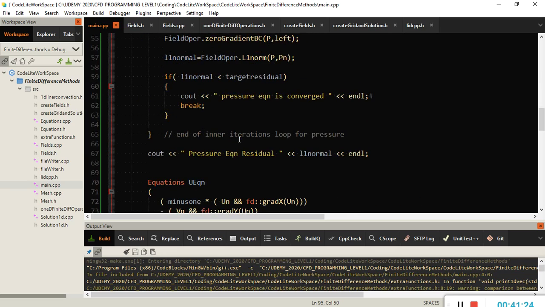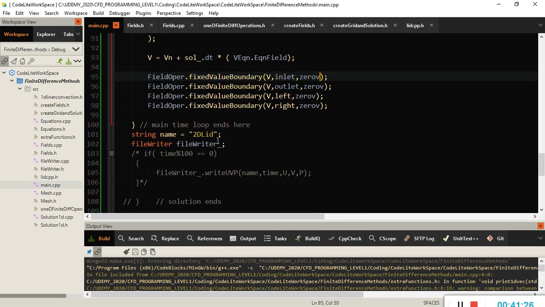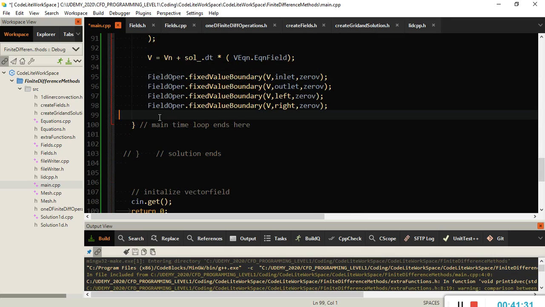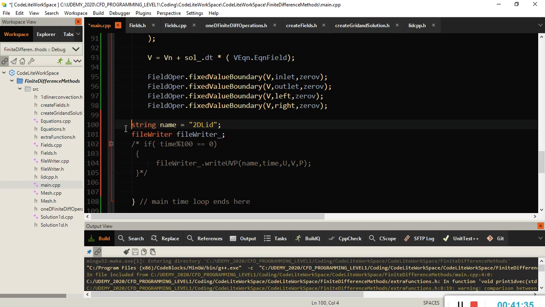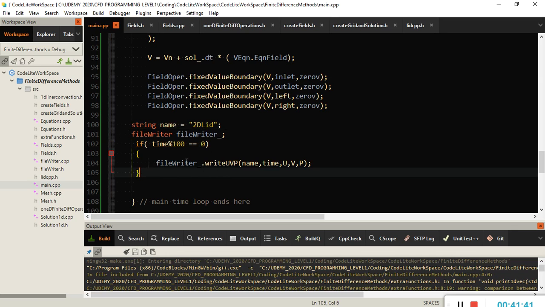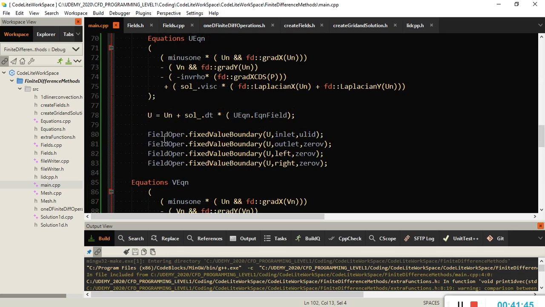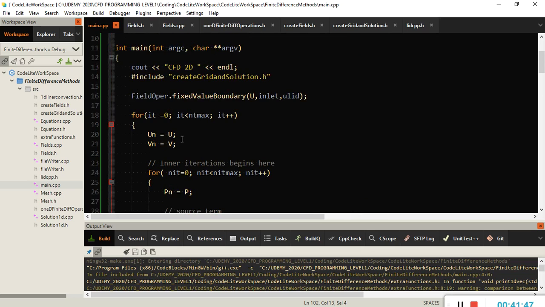Okay, so we are done, and what we need to do is just write the file whenever we want. We will write it every 100 time steps, and let's see if this time is being passed.